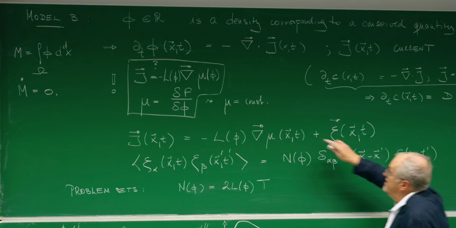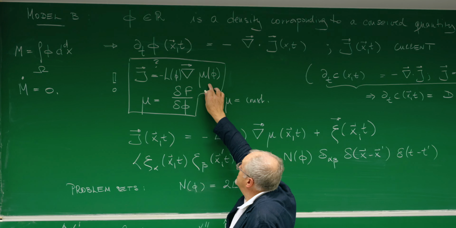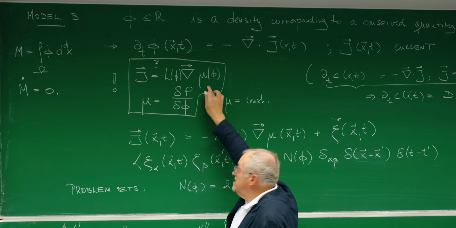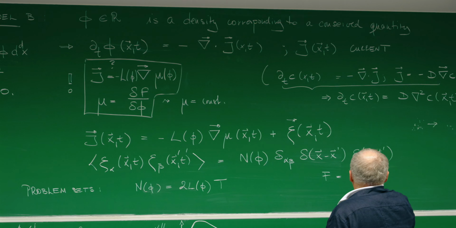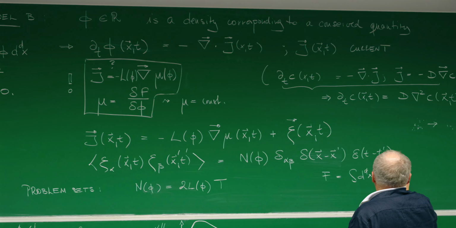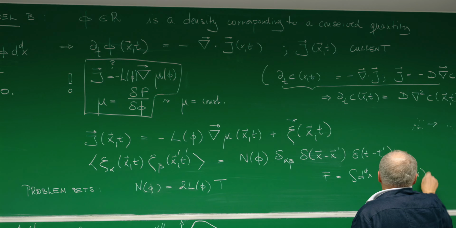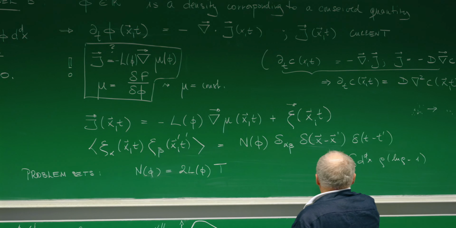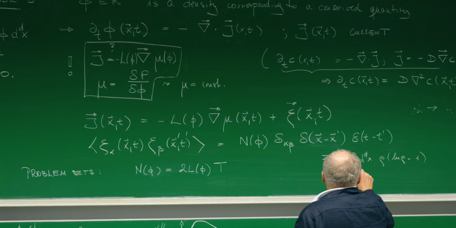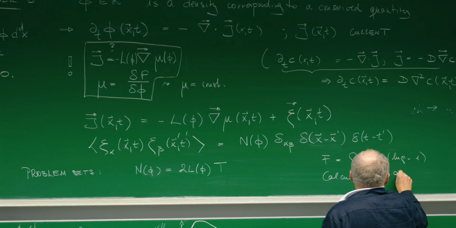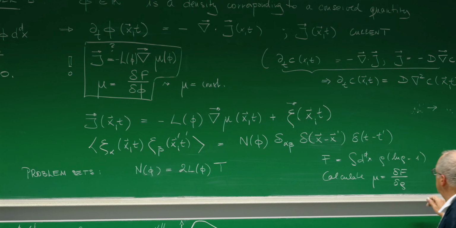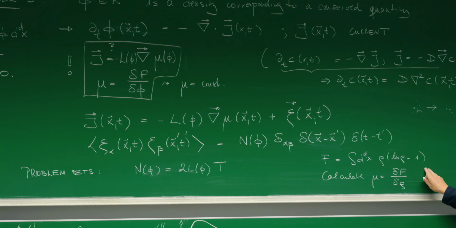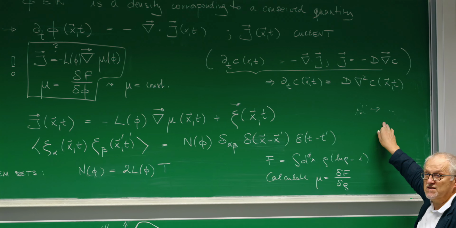You can try this for yourself. Take F equals the integral of rho (ln rho minus 1), and calculate mu equals dF/d rho, then you'll see that this leads to Fick's law.